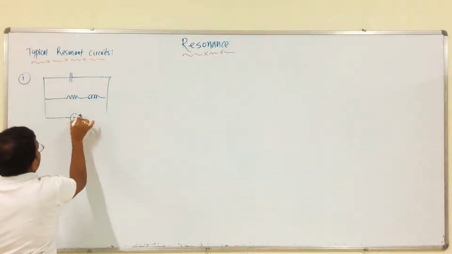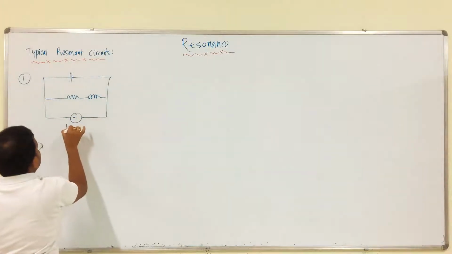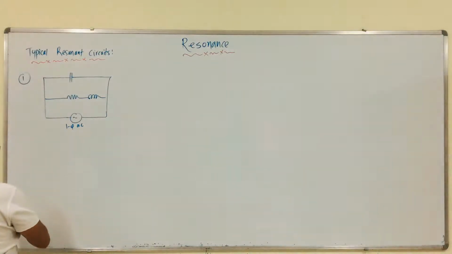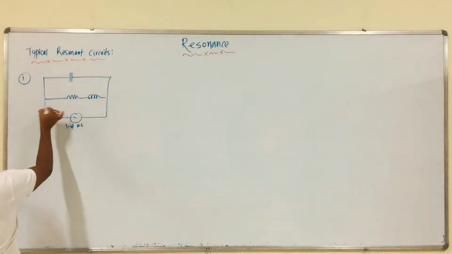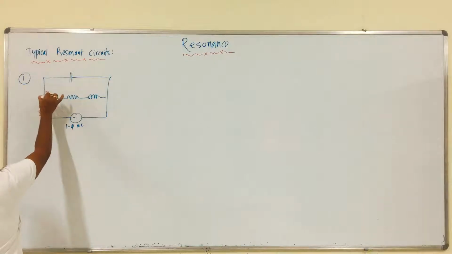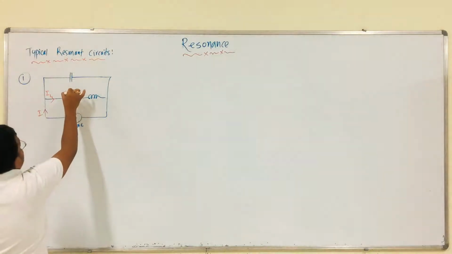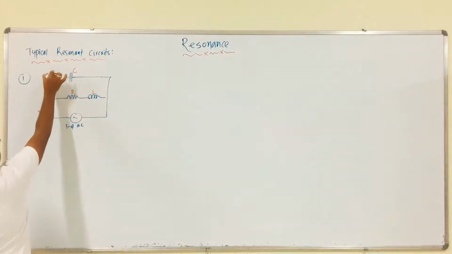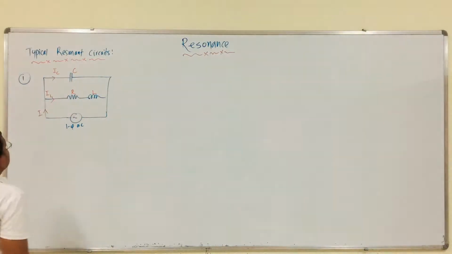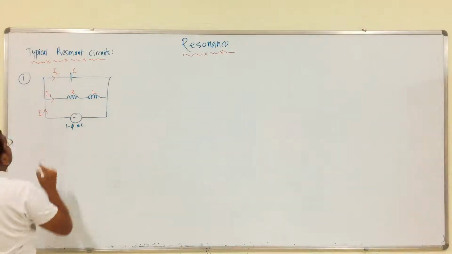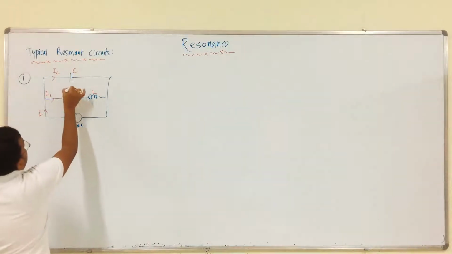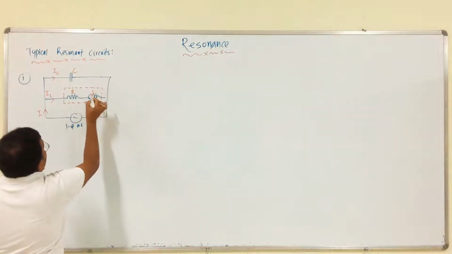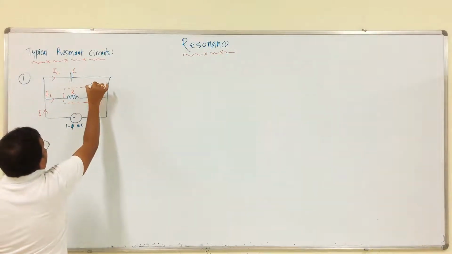This is the supply voltage, single phase AC. This is the total current, this is the current, for example IL, this is R, this is L, this is C. The current through this branch is nothing but IC. This is the coil.